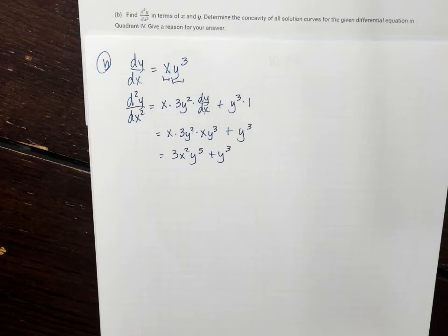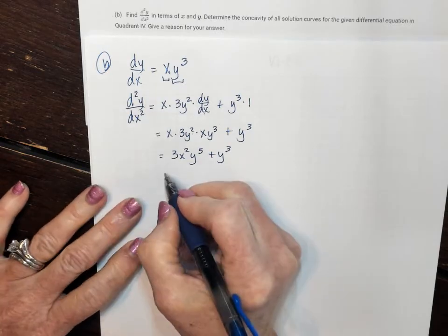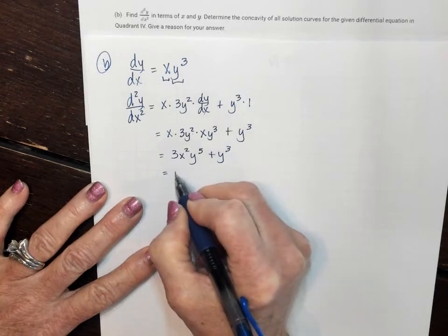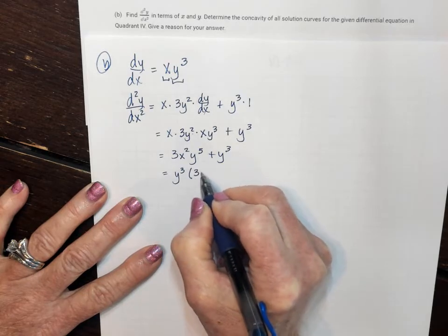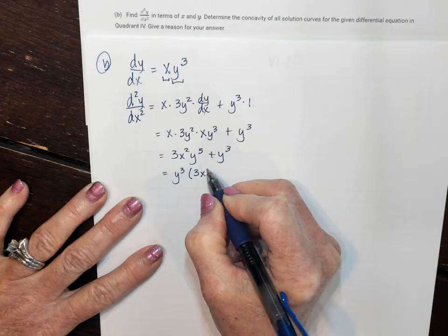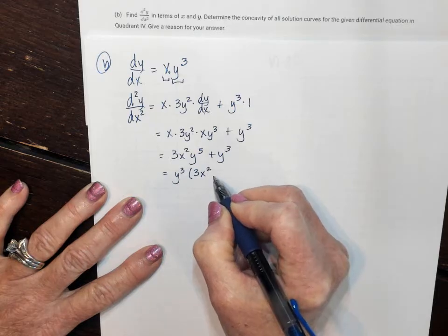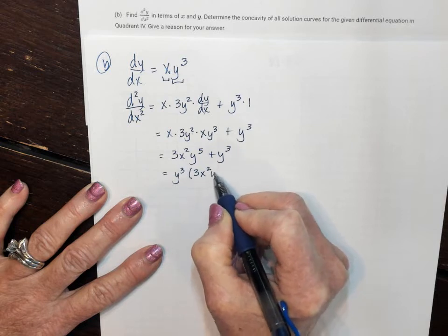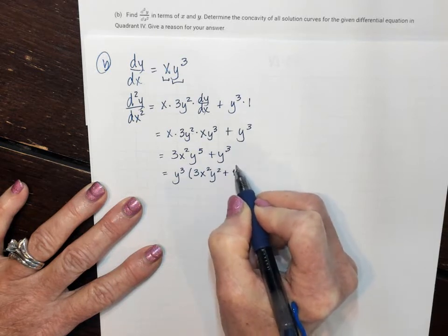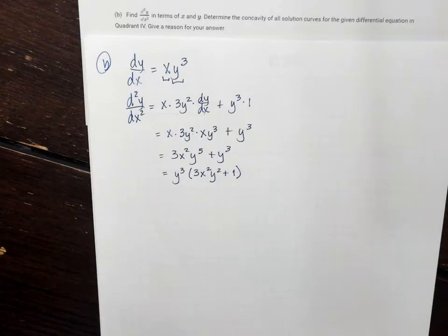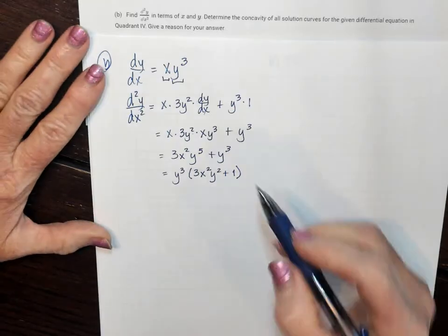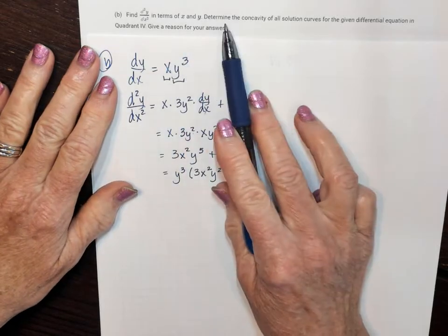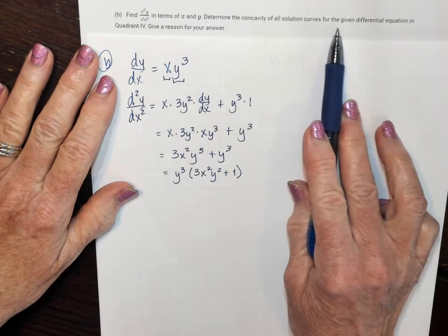I'm going to go ahead and factor out a y cubed here, and that's 3x squared y squared plus a 1.